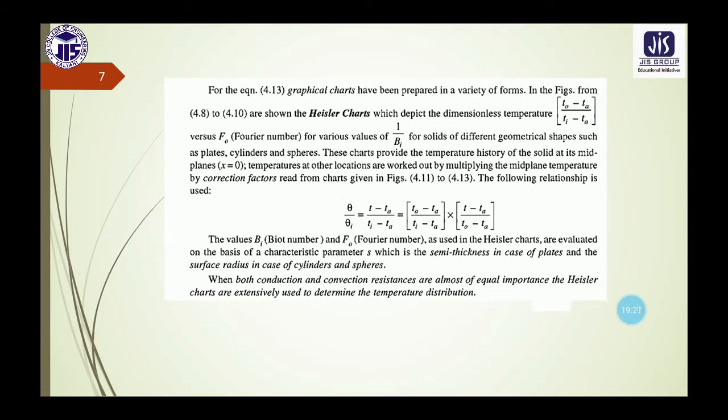These Heisler charts depict the dimensionless temperature, (To minus Ta) divided by (Ti minus Ta), versus the Fourier number for various values of 1 by Biot number for solids of different geometrical shapes such as plates, cylinders and spheres.